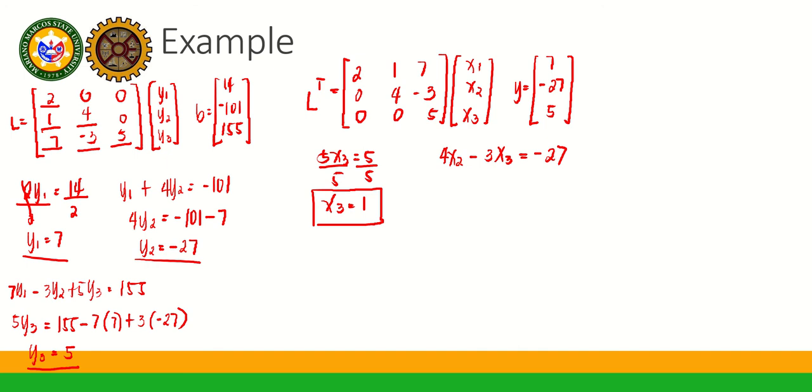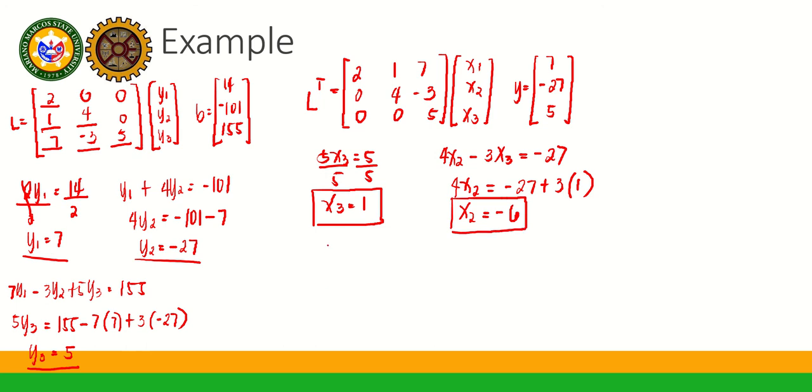So, we have values for x sub 3, so we can just transpose this one. So, 4x sub 2 is equal to negative 27 plus 3 times 1. So, for x sub 2 is equal to, so manipulating or solving for this one, that will be equal to negative 6. That is our x sub 2.